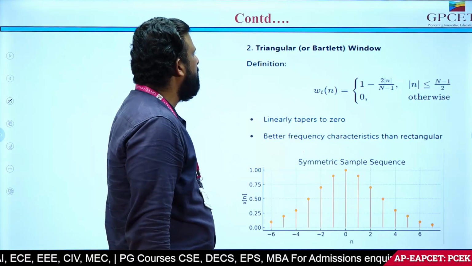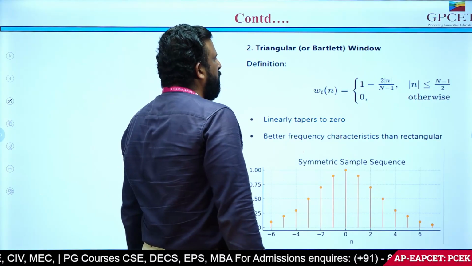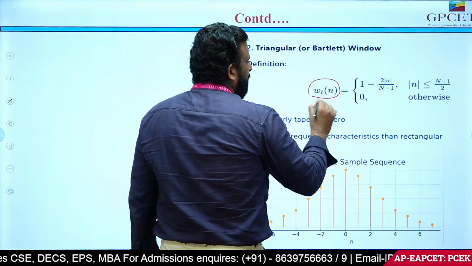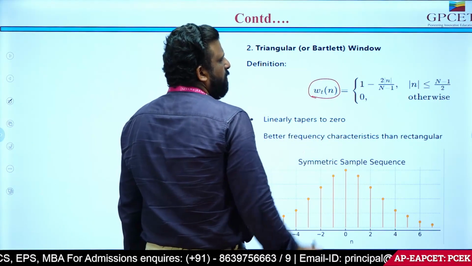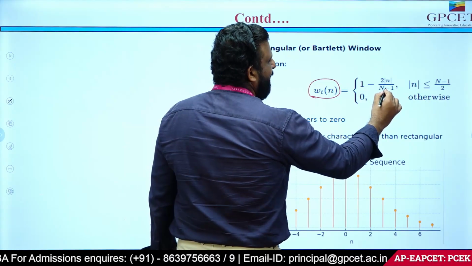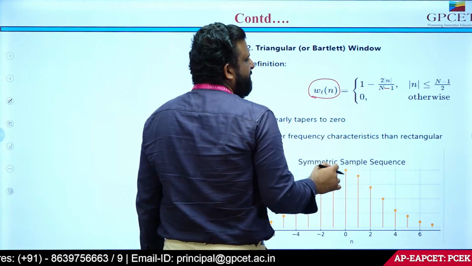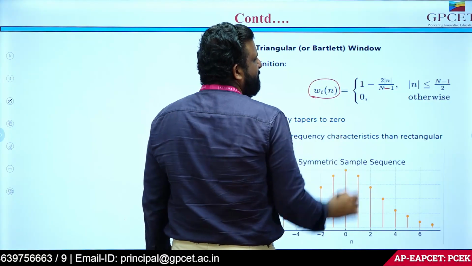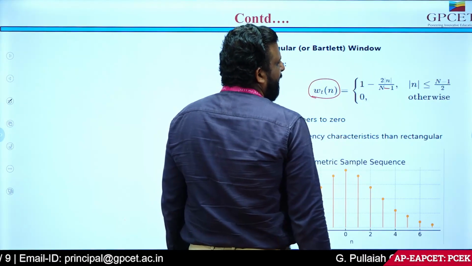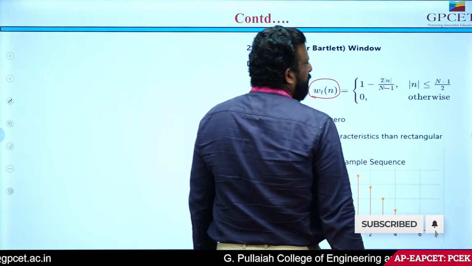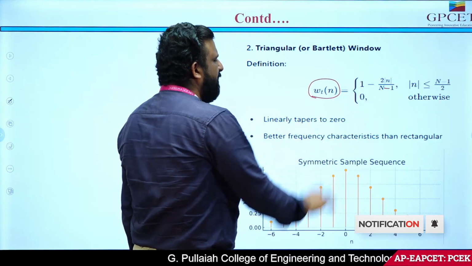The second one is the triangular or Bartlett window, and the condition for this is WT of n. WT of n is equal to 1 minus 2 mod n by (N minus 1), within the condition mod n less than or equal to (N minus 1) by 2. Otherwise, it will be equal to 0.